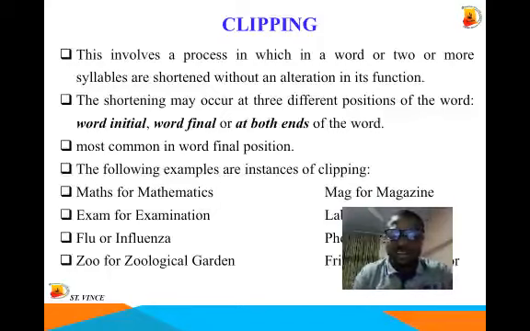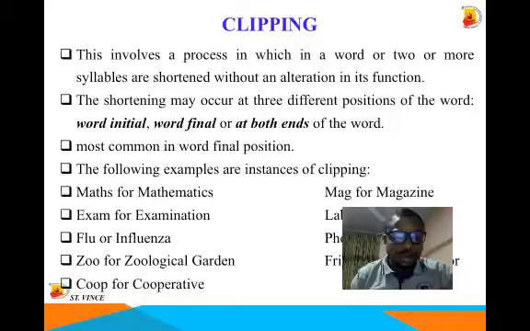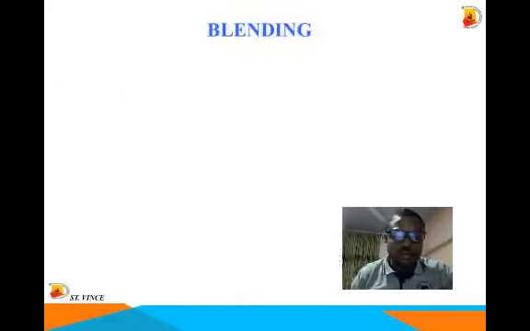So mathematics is still a noun. So even though I've removed some morphemes, it will never change the word class of this. So flu is still flu, whether in flu or influenza, exam or examination or exams, these are all forms of clipping. And then of course we have cope for cooperative.